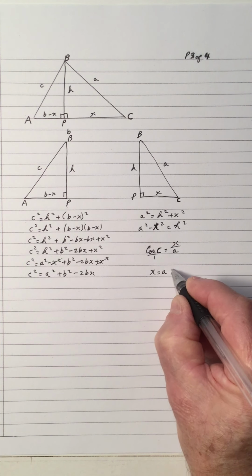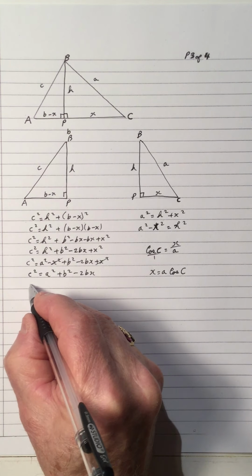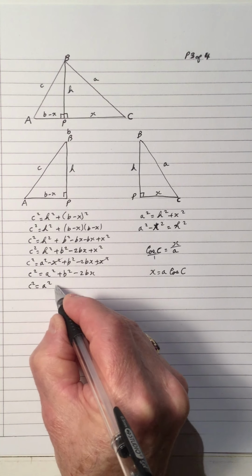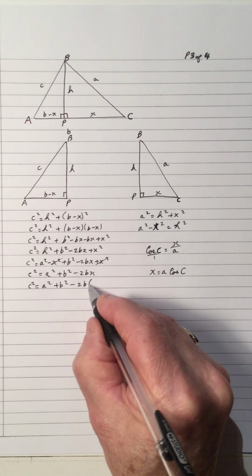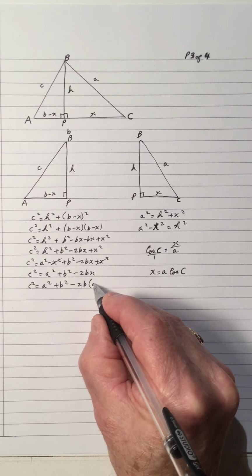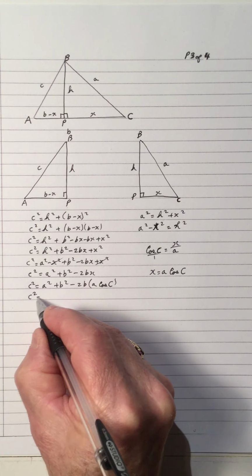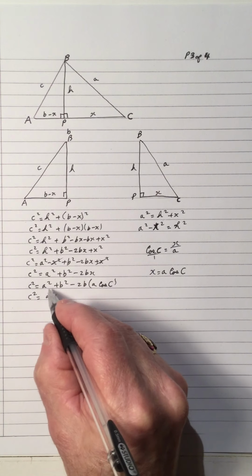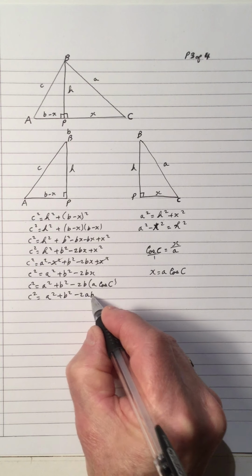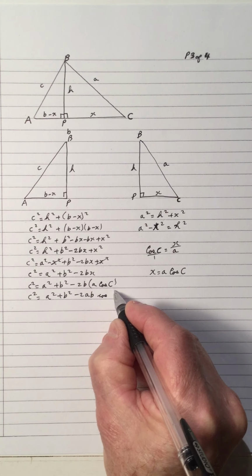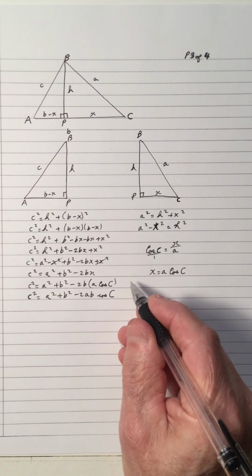X equals a cos C. As a result, c squared equals a squared plus b squared minus 2b, and for x we're going to substitute a cos C. Continue to simplify: c squared is a squared plus b squared minus 2ab cos C. So the small c is the side, the big C is the angle.